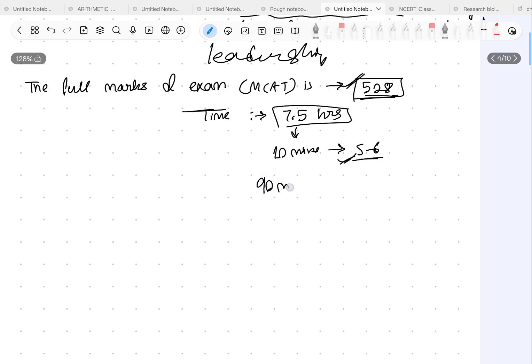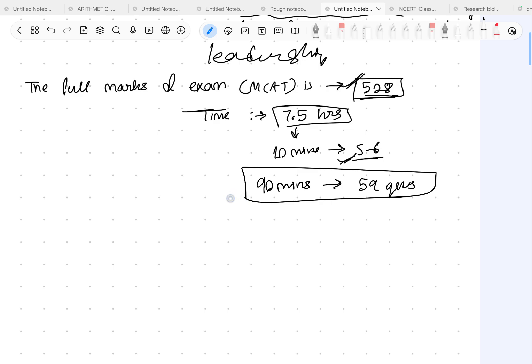You are given 90 minutes to solve about 59 questions in almost every section. In some sections you have 90 minutes to do 53 questions, but on average you have to solve 59 questions in 90 minutes.